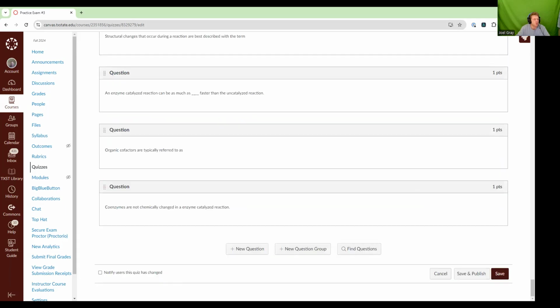Okay, so that wraps this up. For every single one of these questions, what I want you to think about is how I could tweak the question to get it to ask about something else. For example, if the question asks about hemoglobin, then think about how that would apply to something like myoglobin, and vice versa.